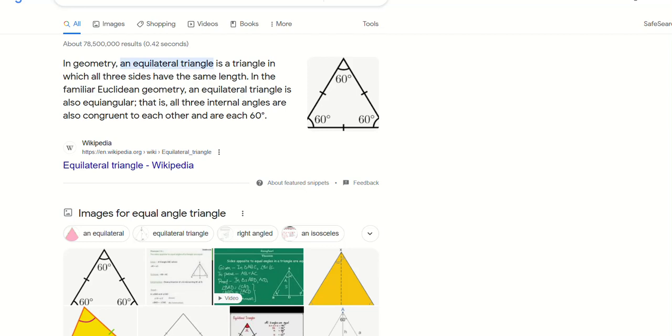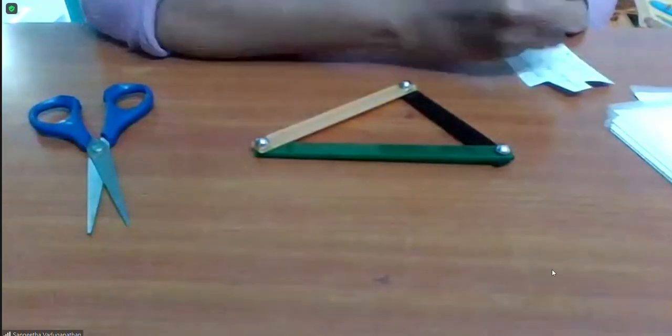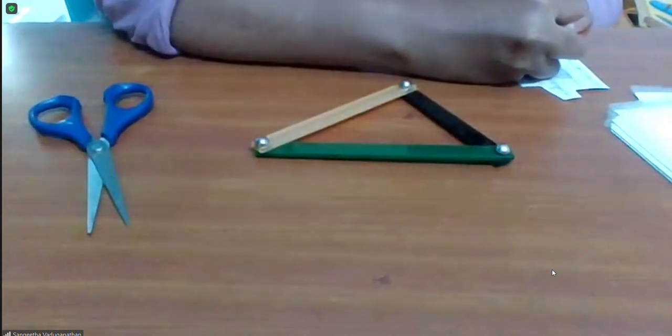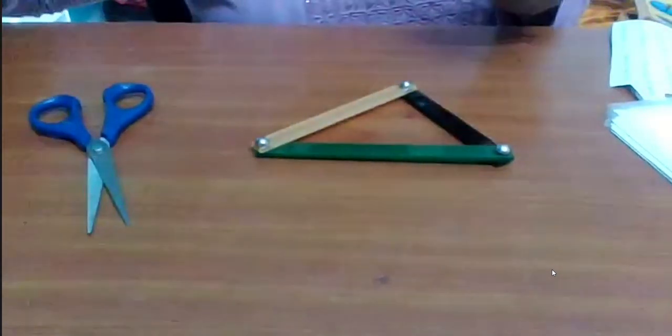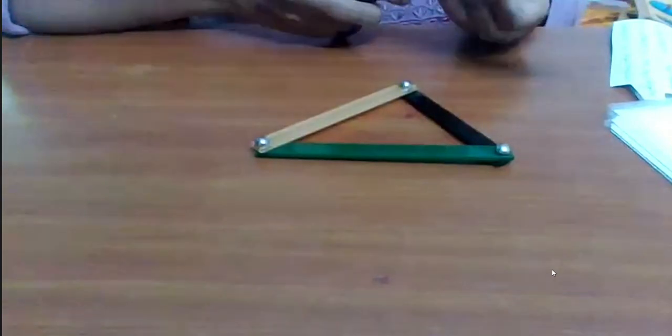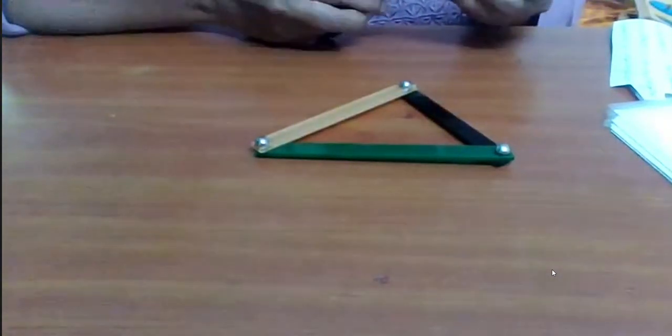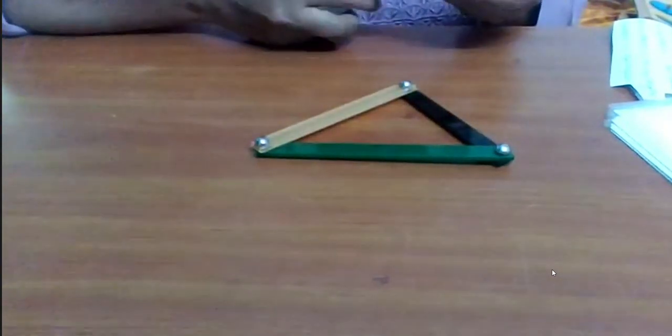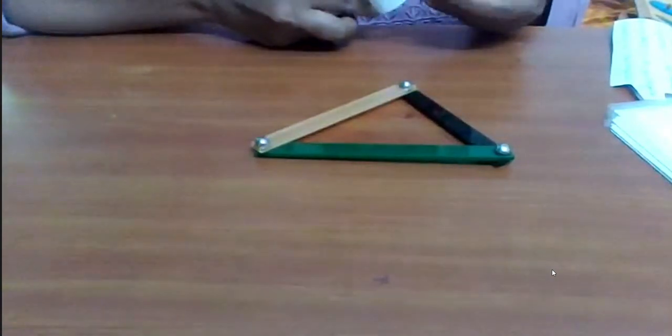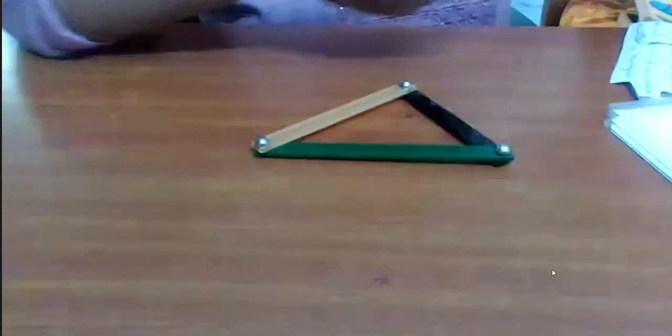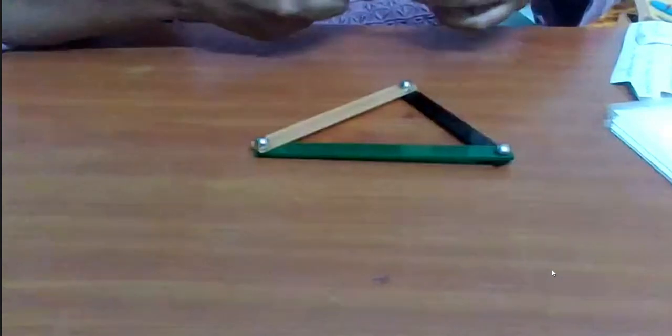What is the etymology? Equal means same, lateral means sides, so not equal sides, obviously. Non-equilateral. Now let us write it on a slip and keep it.